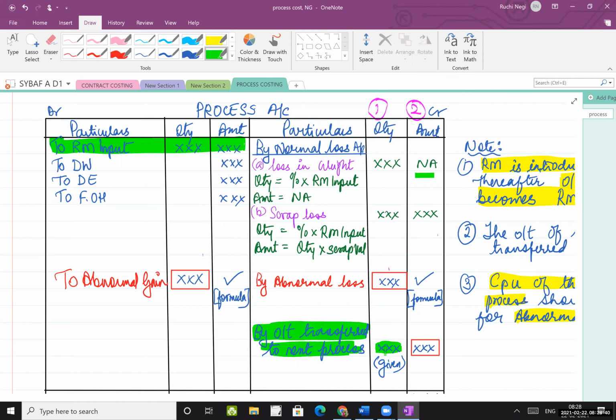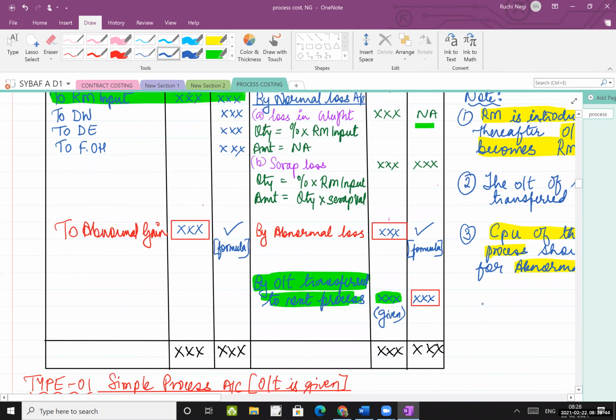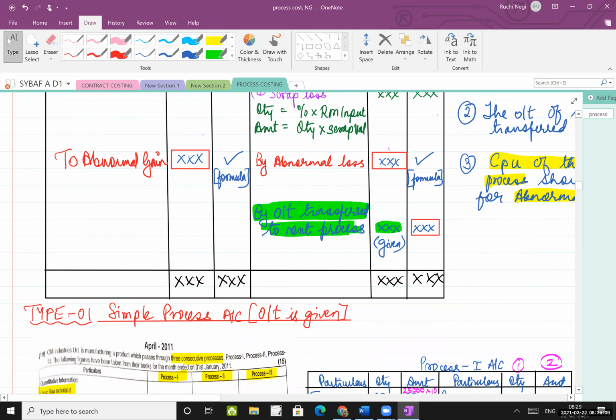Okay, तो हमने जब थ्योरी किया था तो क्या देखा था, अगर मेरा रॉ मटेरियल इनपुट 100 kgs है और मेरा आउटपुट 80 kgs है, तो जो बैलेंस 20 kgs का लॉस है, ओके, that will be either an abnormal loss or an abnormal gain depending on the sum. Okay, so this is what I wanted to discuss about.